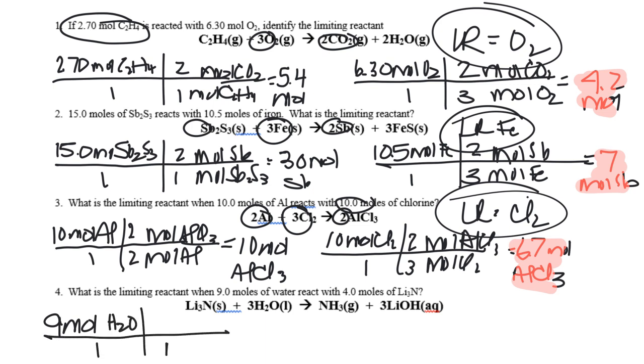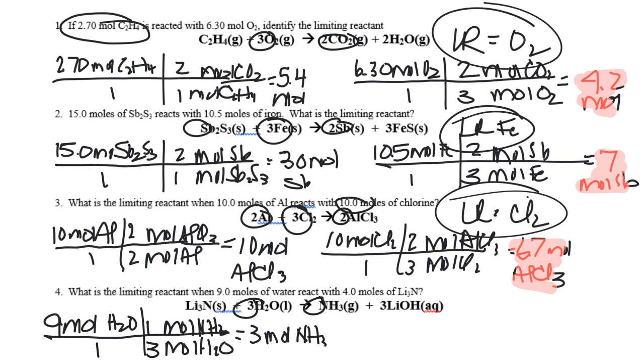Moles of water comes down, and I'm going to moles of NH3. I have a 1 next to NH3, a 3 next to H2O. So if all the water is used up, I have 3 moles of NH3 produced.